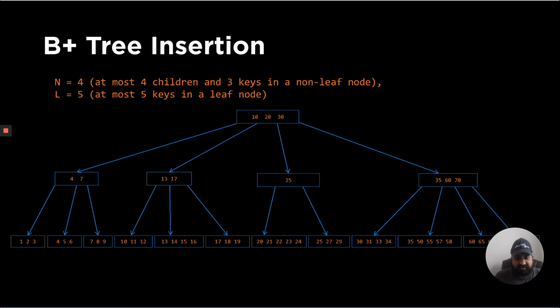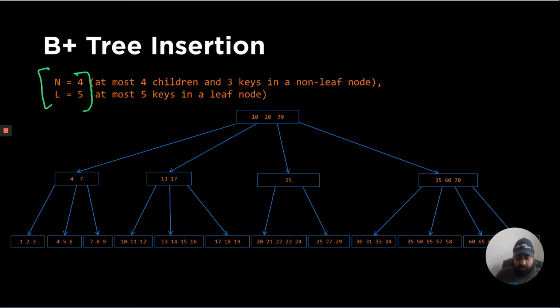So let's see a quick example of how the B plus trees insertion works. There are two different conventions. Some books follow one, and I'm going to follow some other convention. I just wanted to warn you that, let's say you have this B plus tree, this has n equal to 4 and L equal to 5.